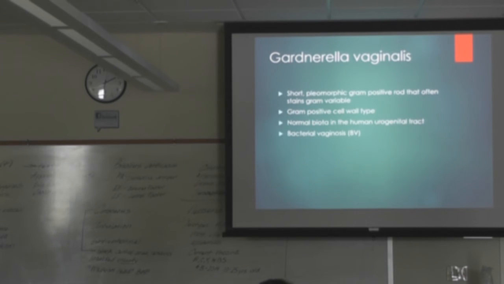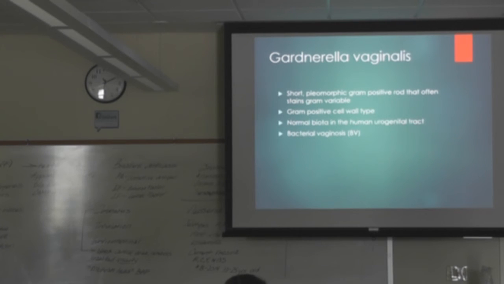Gardnerella vaginalis. Yay. Short pleomorphic gram-positive rod that often stains gram-variable. Now, why do I have gram-positive if it stains gram-variable? Does anybody know? Gram-positive cell wall type. So what's your gram-positive cell wall type?